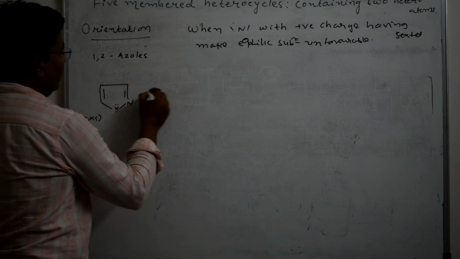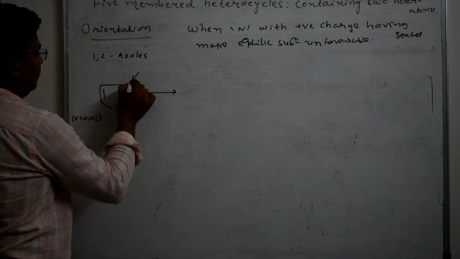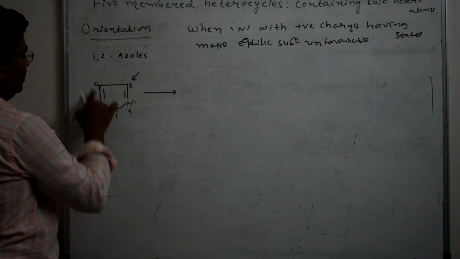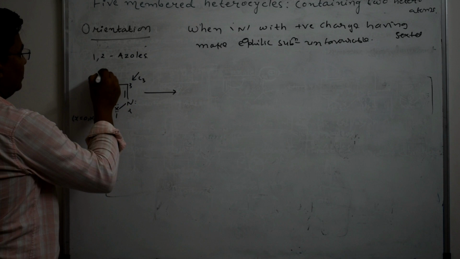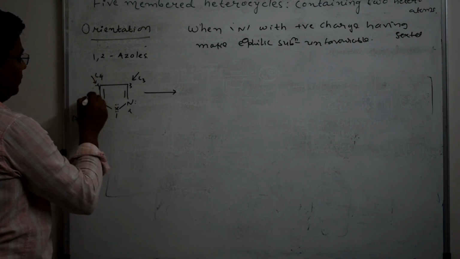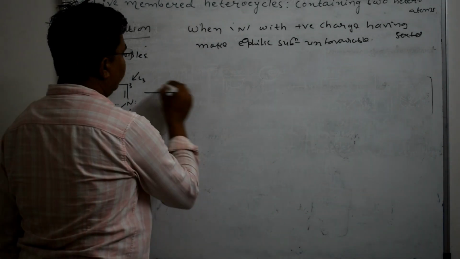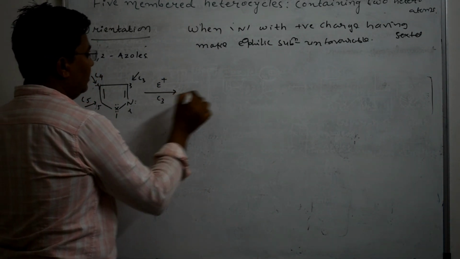Now the available positions for substitution are these. So if I give the numbers, this is your C3 position, this is your C4 carbon, and this is your C5 carbon. Let us start with C3 first. So if electrophilic substitution occurs at C3 carbon, then what happens?